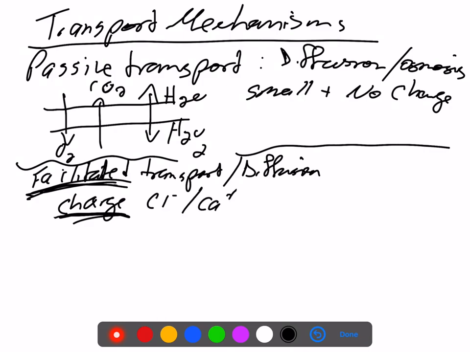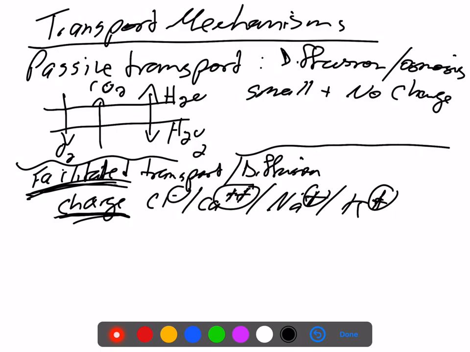Examples, we discussed chlorine, calcium. We saw examples of sodium, potassium, right? All of these things that have a charge, all of those are going to require transport proteins, even though they are tiny. Chlorine is tinier than water, but chlorine has a charge, and so it's got to go through a protein.